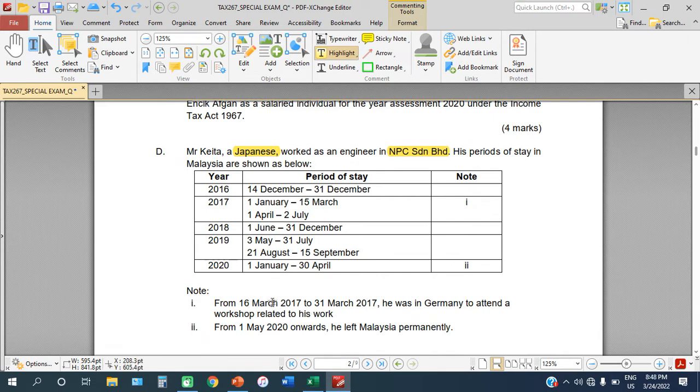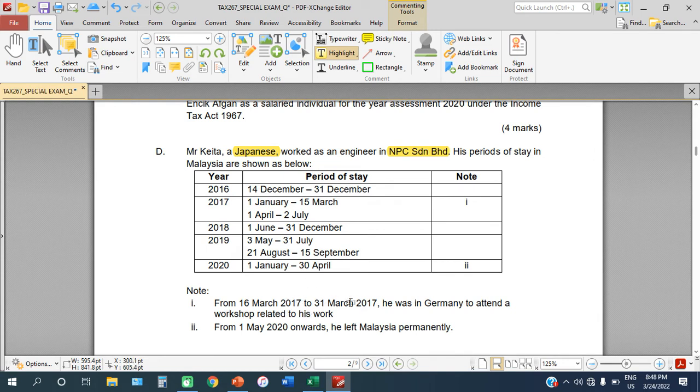Look at note number 1. From 16 March 2017 to 31st March 2017, he was in Germany. Germany is outside Malaysia, everyone, meaning to say he was not in Malaysia. Look at the reason why: to attend a workshop related to his work. Okay, step number 1.